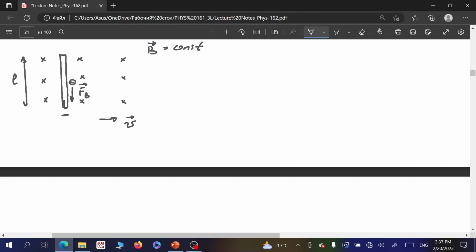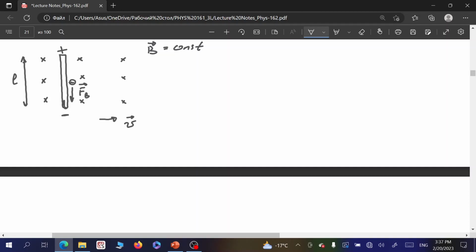Since we had an electrically neutral conductor at the beginning, and part of negative charge is shifted towards the bottom part, what will be in the top part? Positively charged ions.